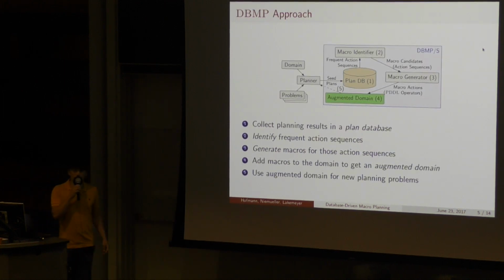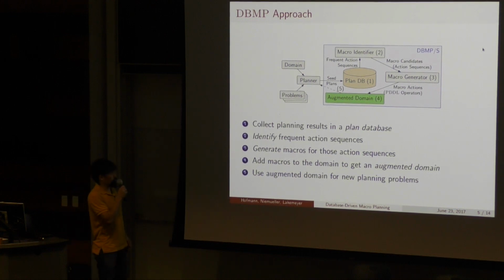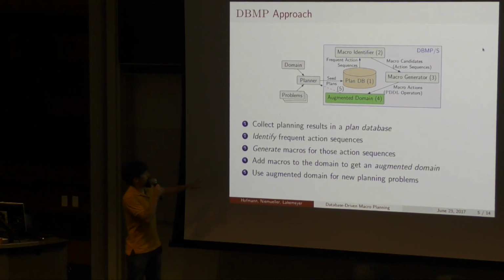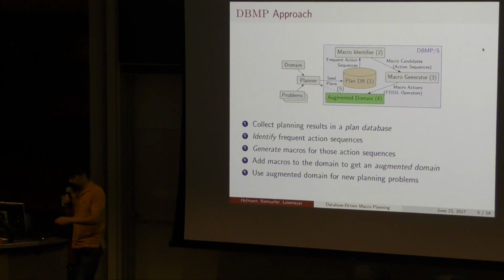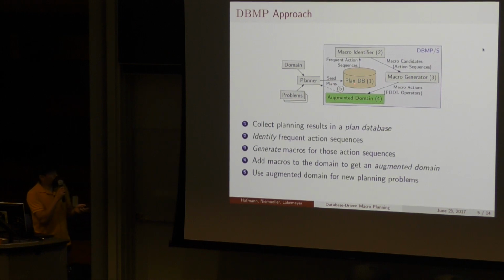So this is the general architecture and an overview of our approach. Here we have a planner with a domain and a number of problems, and we collect all the planning results in a database. From this database, we then identify frequent action sequences, which are then candidates for macro actions.